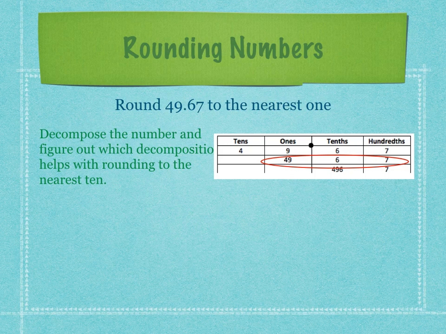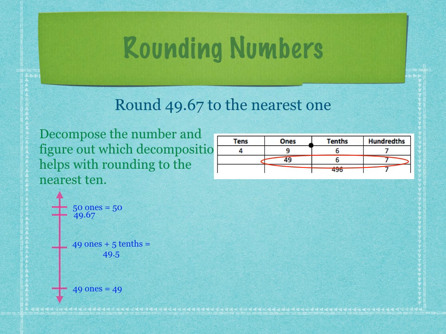And if we were to put this on a number line, it would look like this. We have at the bottom 49 ones, which equals 49. And 50 ones at the top, which equals 50. And in the middle, it would be 49 ones plus 5 tenths, which would be 49.5. So looking at 49.67, we notice that it is above 49.5.